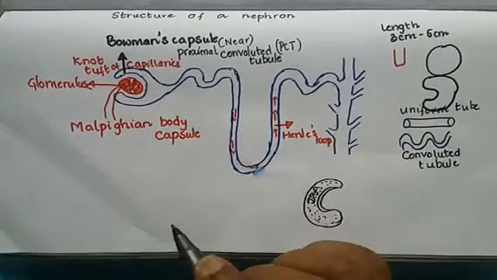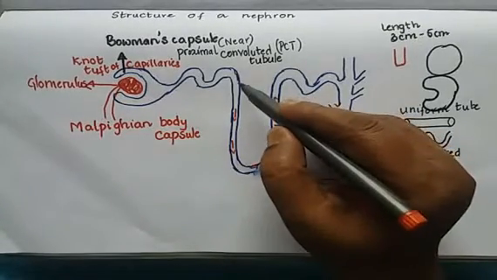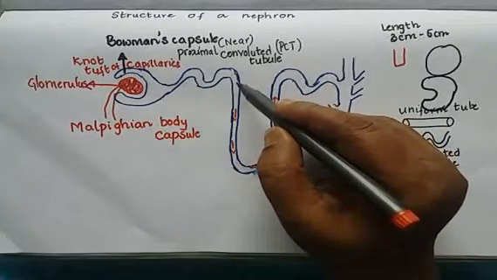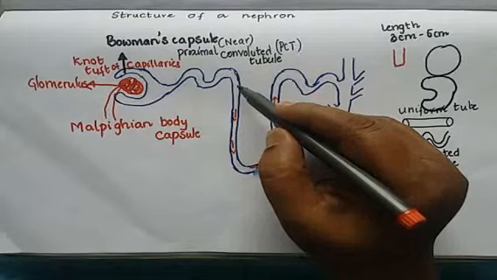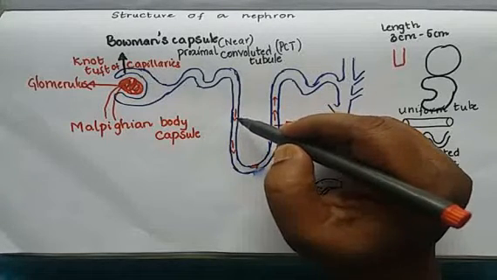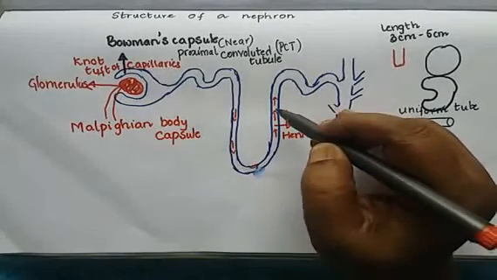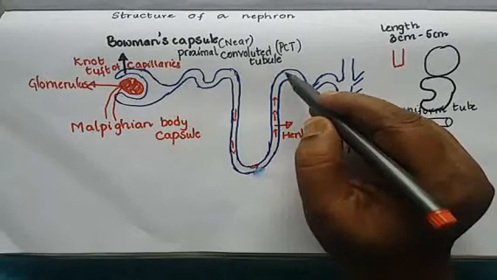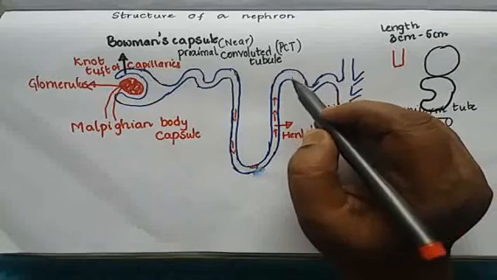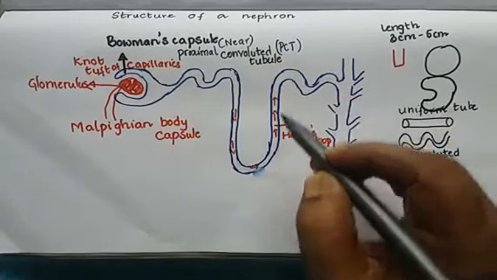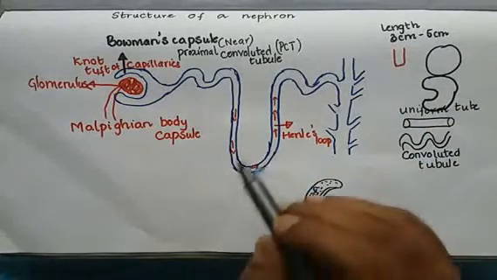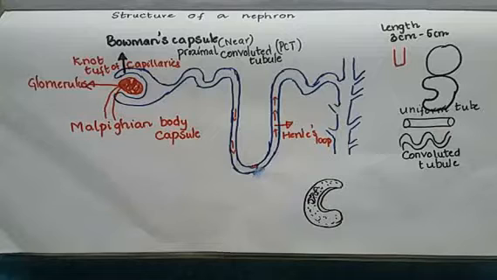So the loop of Henle arises from the proximal convoluted tubule in the cortex of the kidney, moves downward, takes a U-turn, and again moves up, entering into the cortex of the kidney. This loop of Henle is found in the medulla of the kidney.